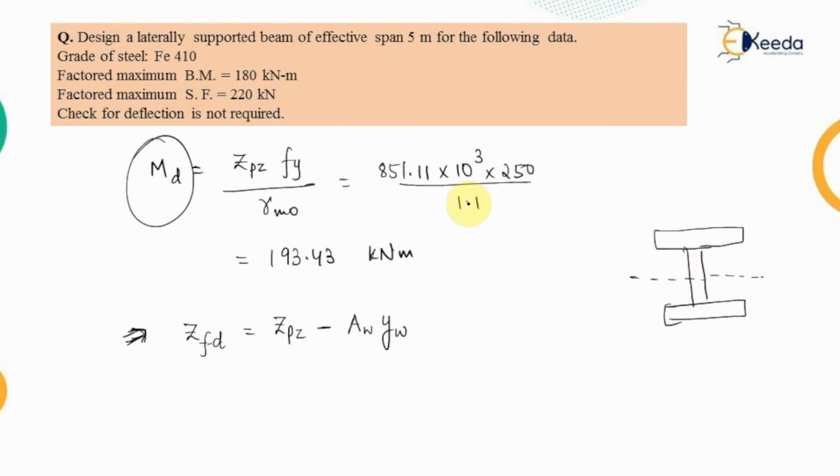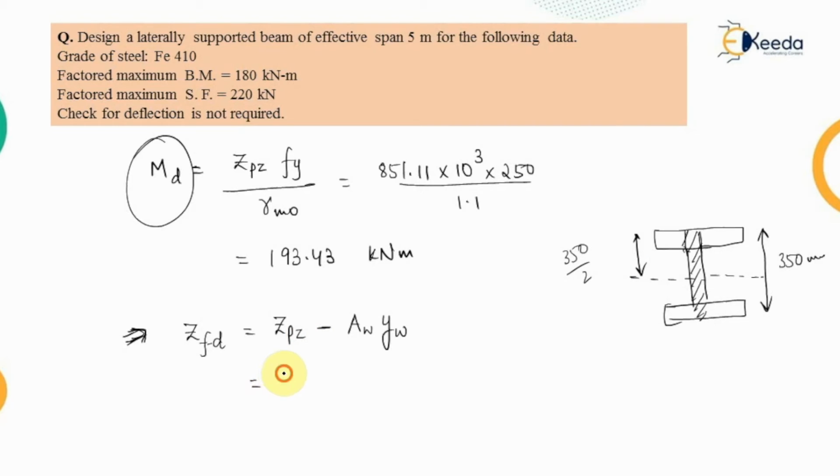Now we will be calculating the section modulus for the area excluding the shear area. Shear will be dominant in this web area, so we will be excluding the shear area, and correspondingly the section modulus will be removed here. The overall depth of this section was 350 millimeter. Therefore half of the depth will be 350 by 2, and the section modulus for this section will be the area of web into the centroid position.